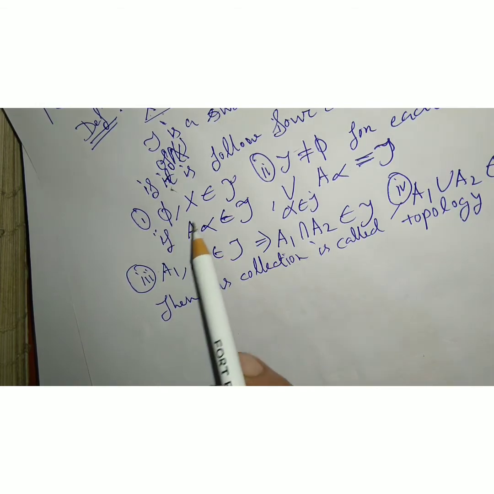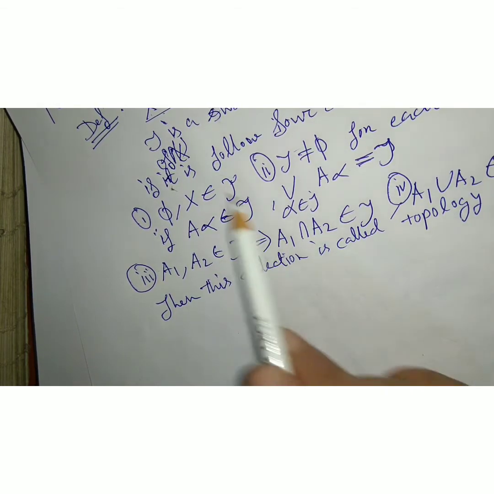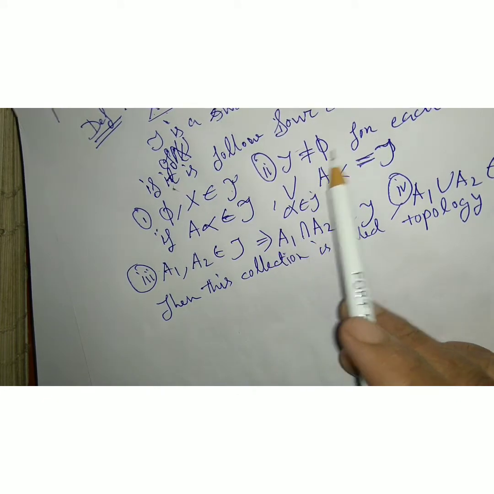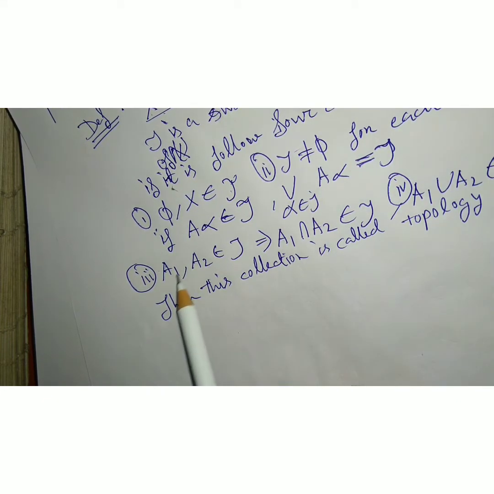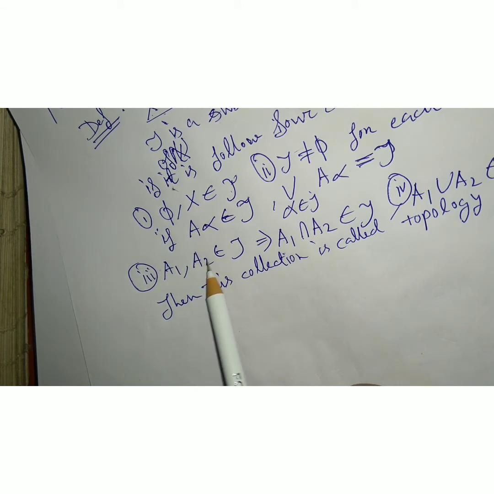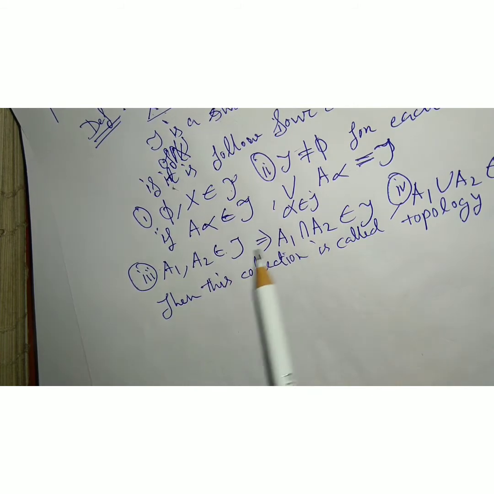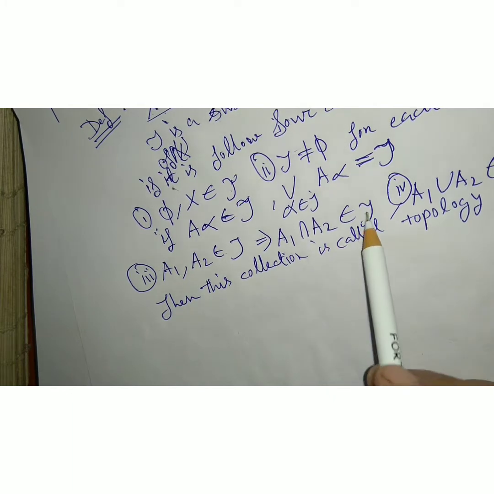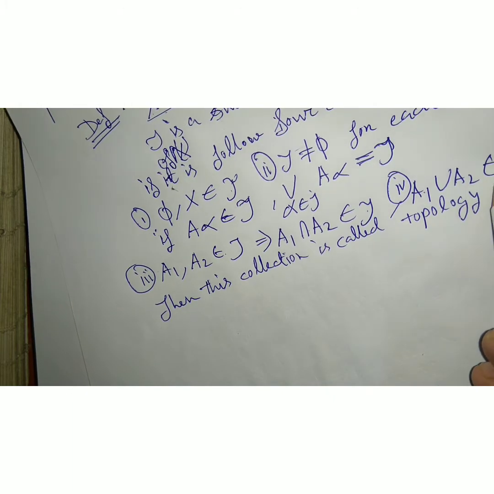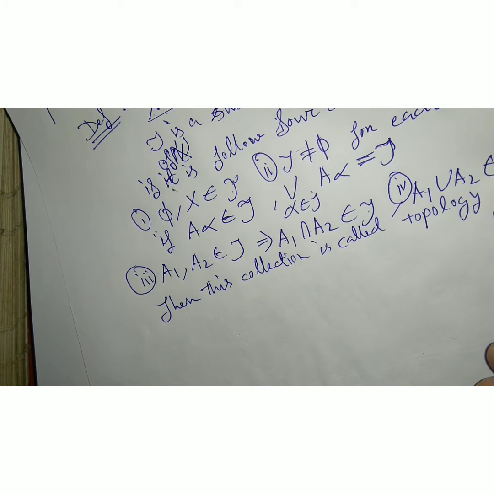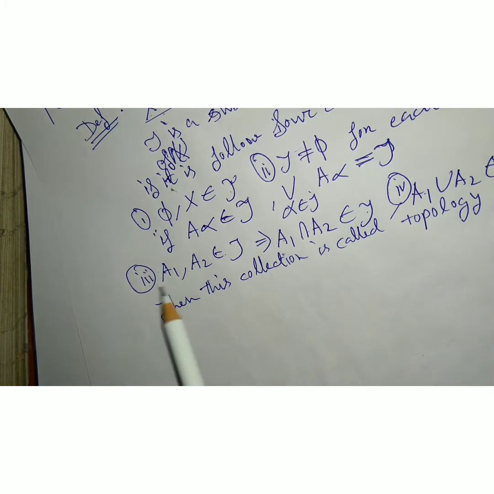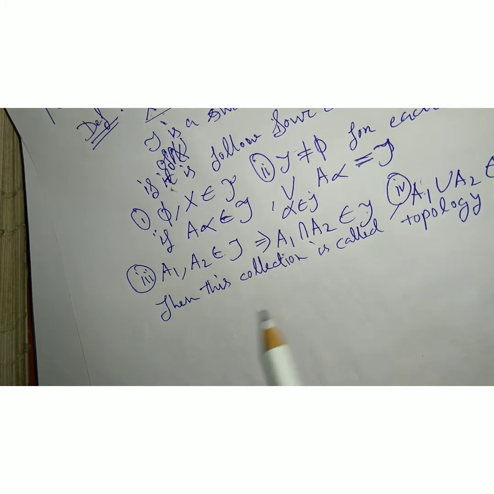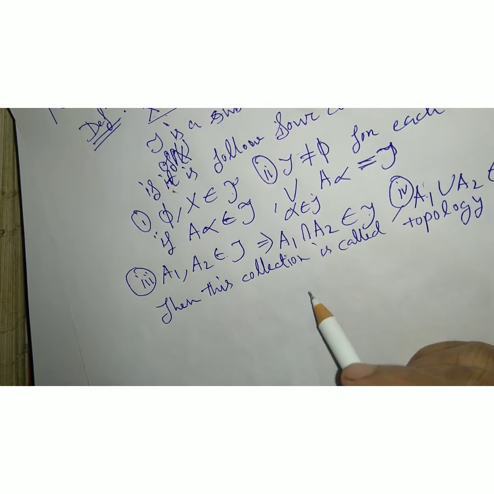Then phi and X must be included in tau, and tau does not equal phi. If A1 and A2 belong to tau, then A1 intersection A2 belongs to tau, and A1 union A2 belongs to tau. This is the fourth condition. If these conditions are satisfied, then tau is called a topology.